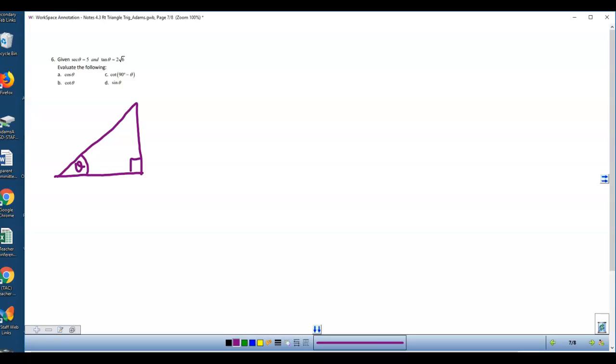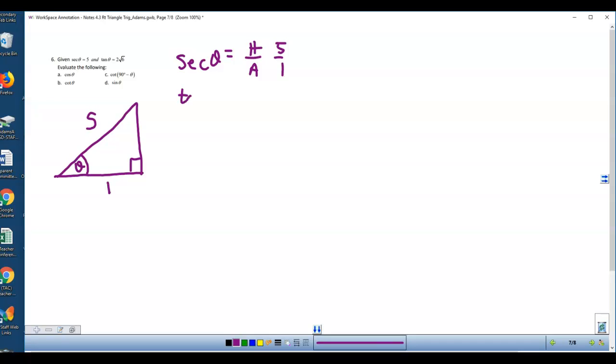So then from secant, what do I know about secant? I know secant of theta is hypotenuse over adjacent. So that is 5 over 1. So in this triangle, the hypotenuse has to be 5 and the adjacent has to be 1.